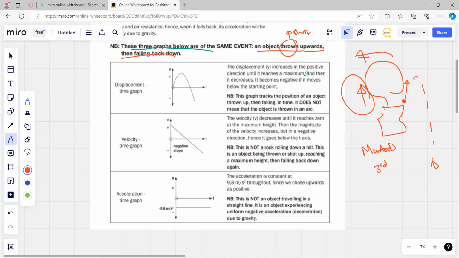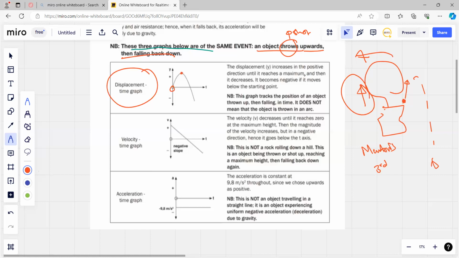So we're going to be explaining in more detail when an object goes upward and reaches a point where it has to descend. Now let's take a look at a displacement time graph. When we're looking at a displacement time graph, if from a reference point starting at zero, the displacement increases until it reaches a maximum.